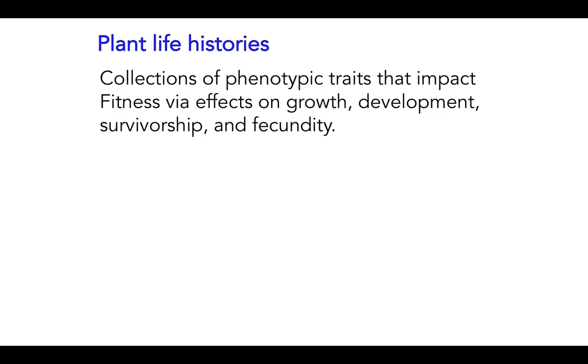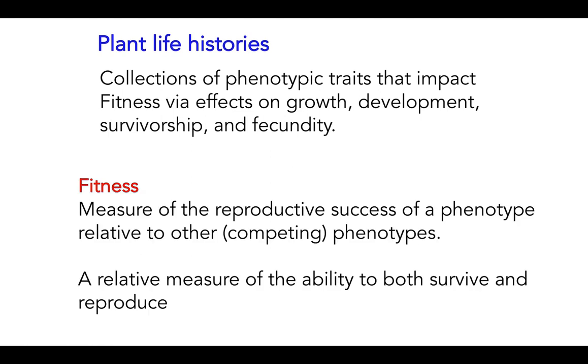So I gave you last time a definition of life histories. I'm going to emphasize this again because I definitely would like you to memorize this. A plant life history is a collection of phenotypic traits that impact fitness via their effects on growth, development, survivorship, and fecundity. I also gave you another definition to remember, of fitness.